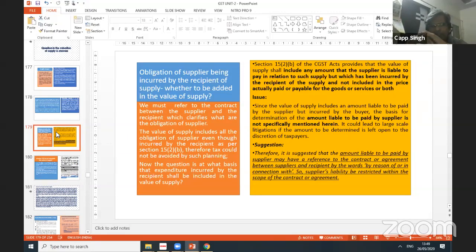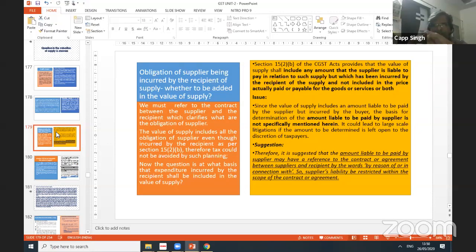If the contract is an inclusive one, where all the cost of cement is to be borne by the contractor, in that case, if the house owner has purchased the cement and provided that cement to the contractor, then the amount of cement is to be included in the value of supply.